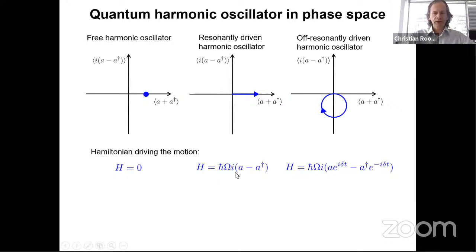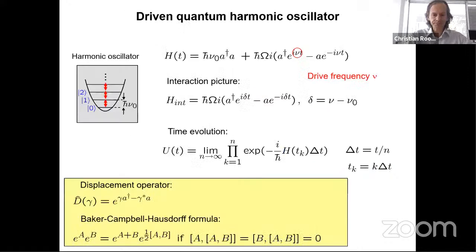If I have a resonantly driven harmonic oscillator, then what I want is a resonant coupling between adjacent Fock states. And if I want an off-resonantly driven harmonic oscillator, then I have time-dependent factors in front of the annihilation and creation operators that enter the description, and I have a time-dependent Hamiltonian.